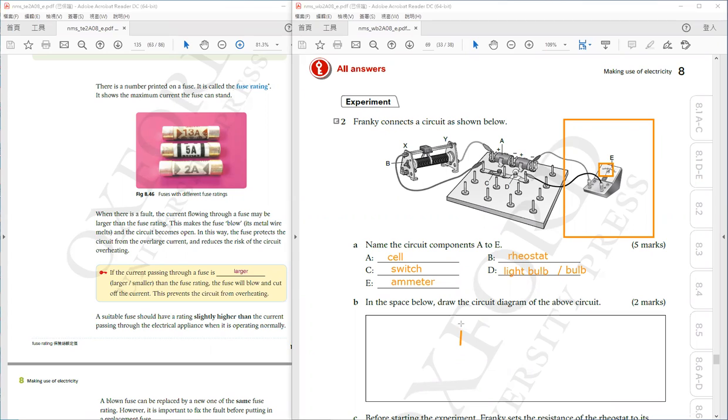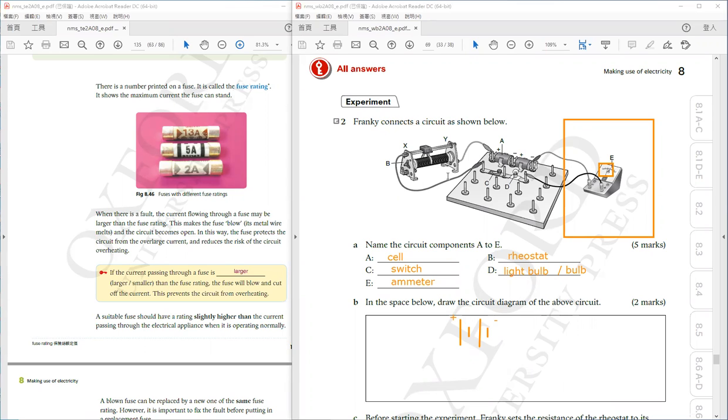First of all, the battery: positive, negative. Draw the positive sign and the negative sign, and make it clear, positive side and negative side.